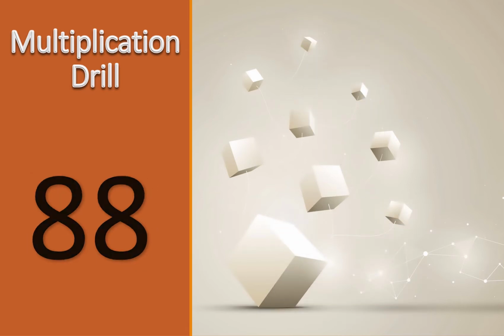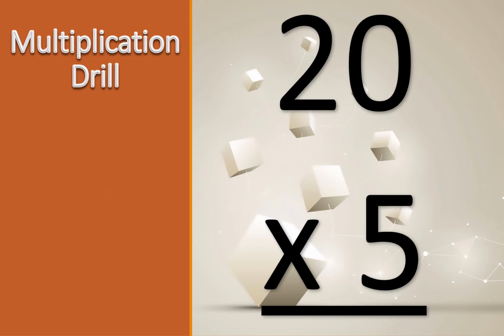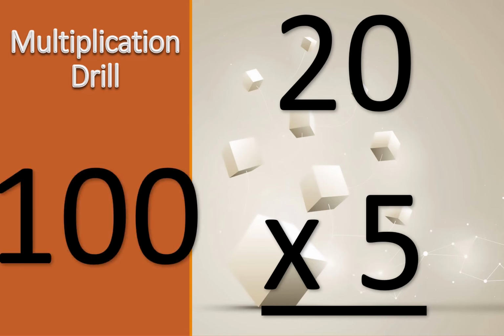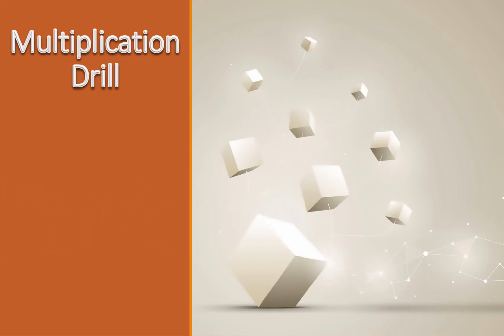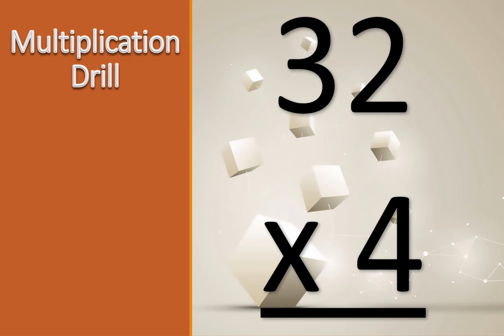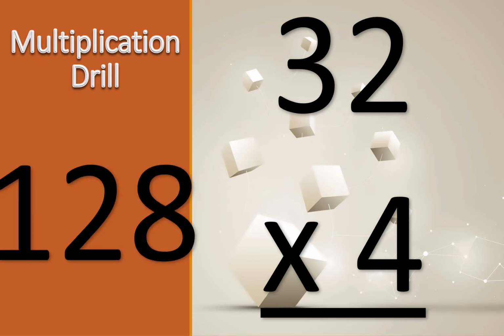Number 3, 20 times 5. Nice one. It's equal to 100. Number 4, 32 times 4. What is the answer? Correct.